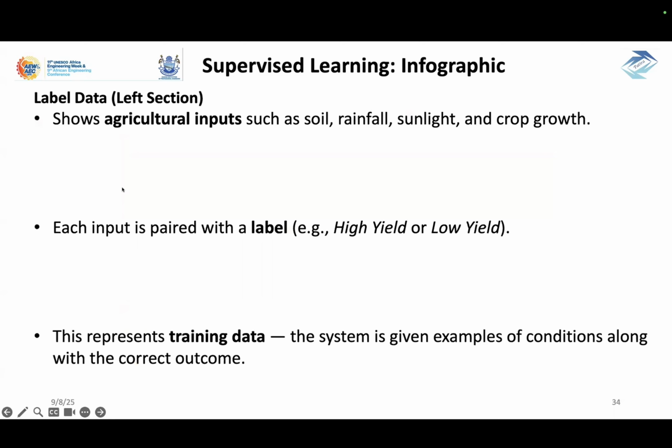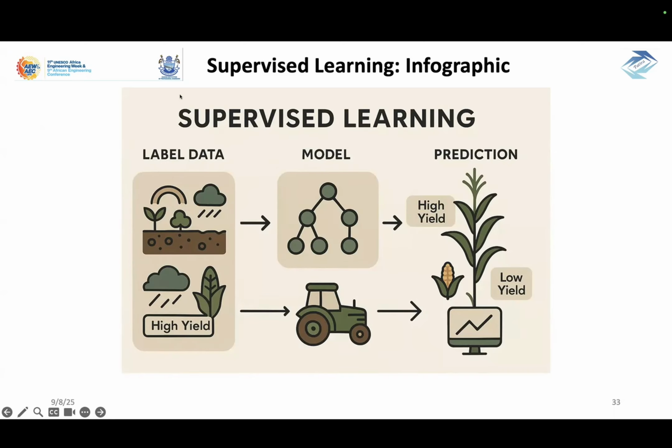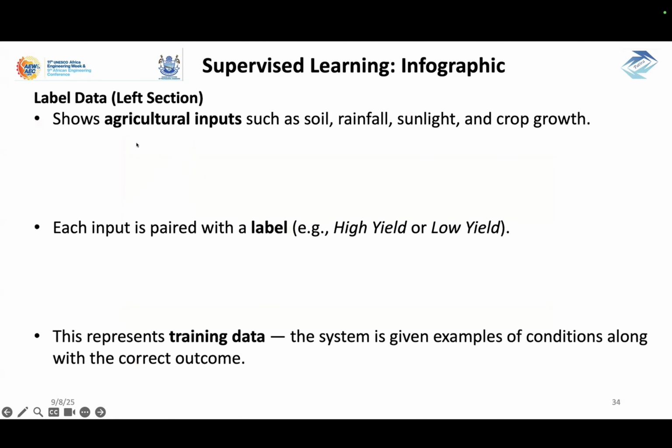So how do you do it? I'm explaining this infographic, this cartoon here. This is the left, this is the middle, this is the right. Just follow me. Left, labeled data. In the middle, your model. On the right, your prediction.